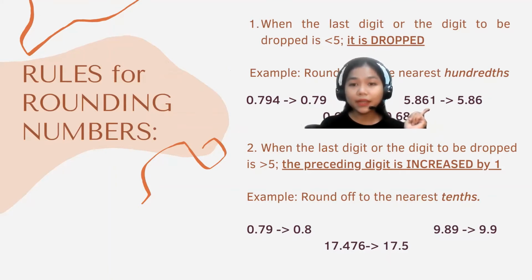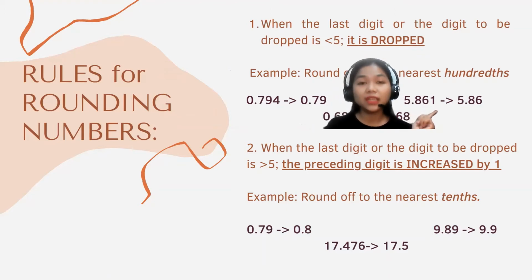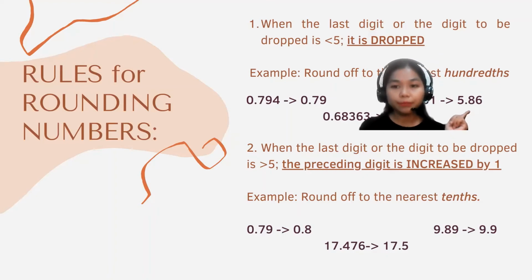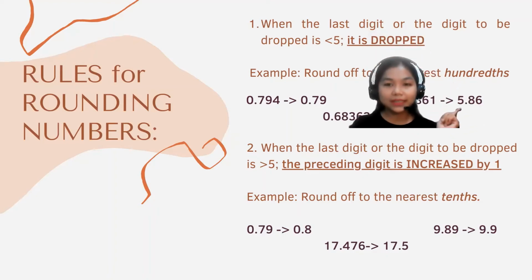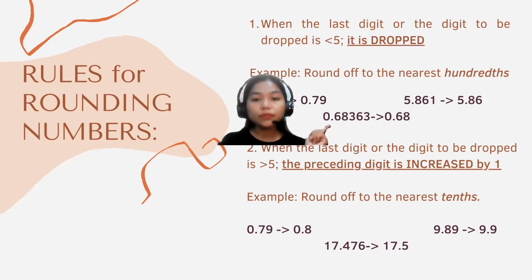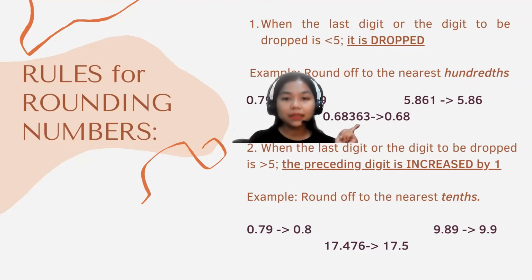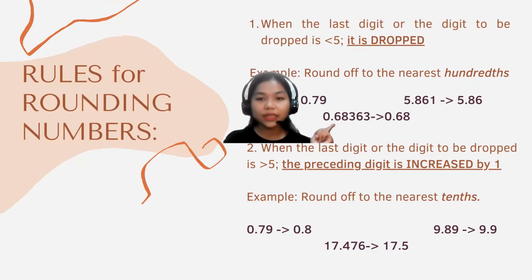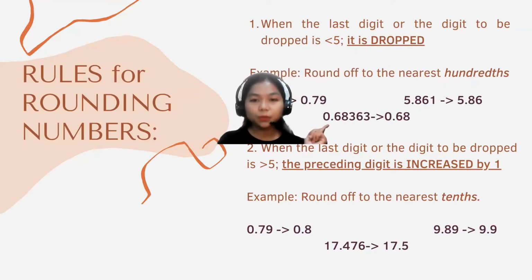So what's the value after 6? It's 1. Obviously, 1 is less than 5. So we need to remove this 1. So we're left with 5.86. This is the correct answer. Another value is 0.68363. So nearest hundredths, let's try to identify the place value. 0 is ones.